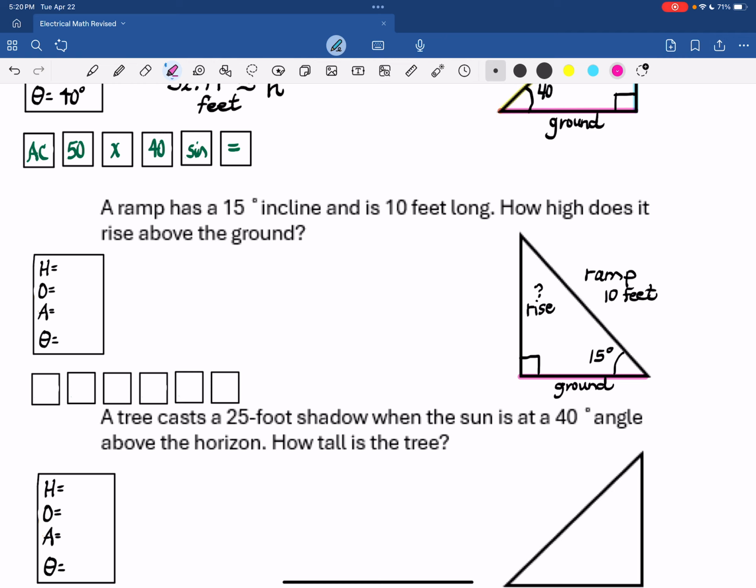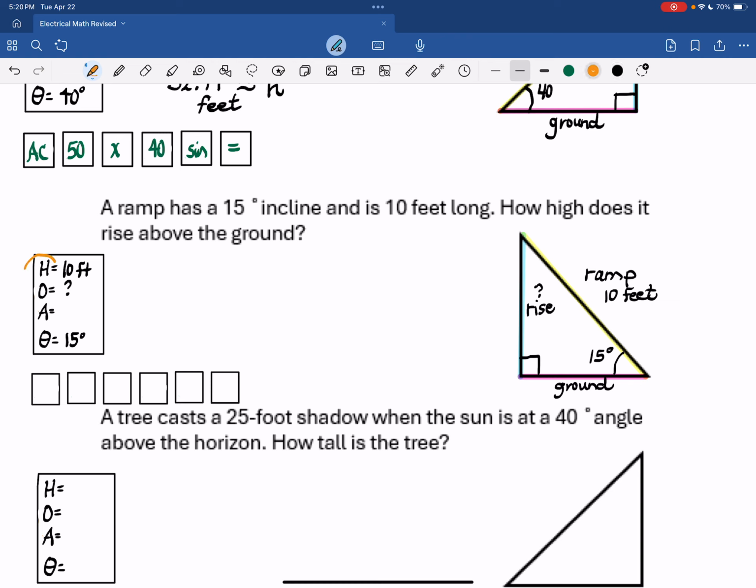Not always, but often. And then here is your hypotenuse. This would be opposite. So you are looking at a 10-foot hypotenuse. We're looking to find opposite. We don't care about adjacent on this one, and we know that theta is 15 degrees.